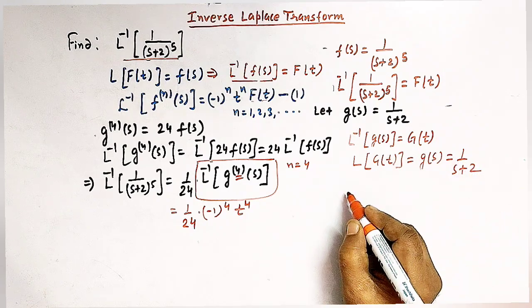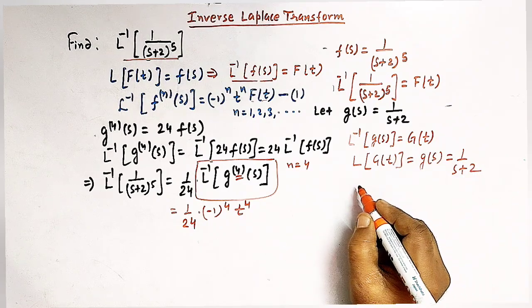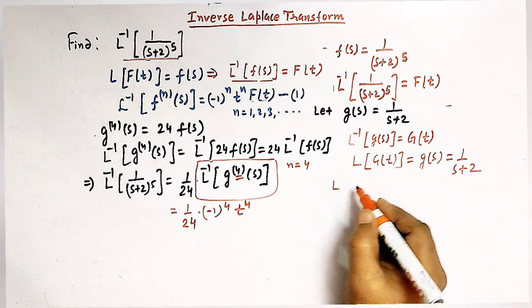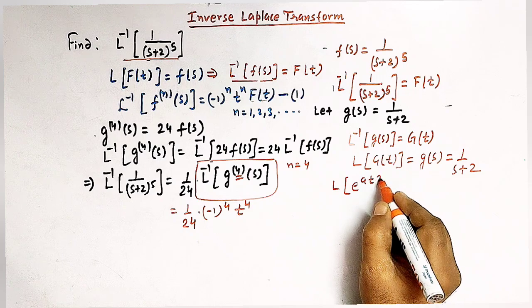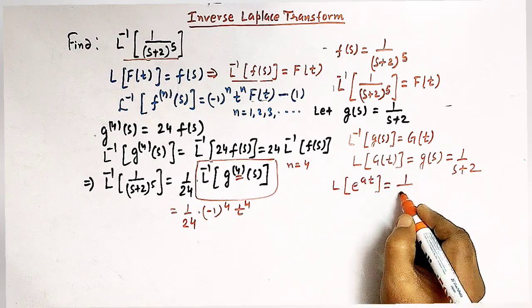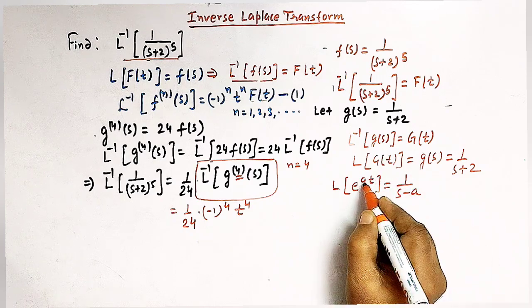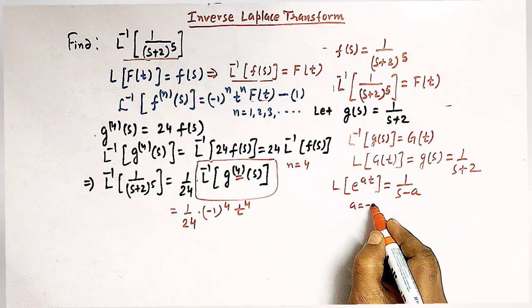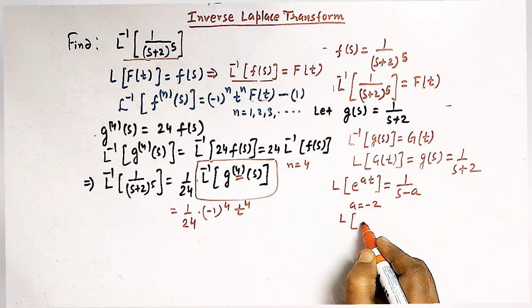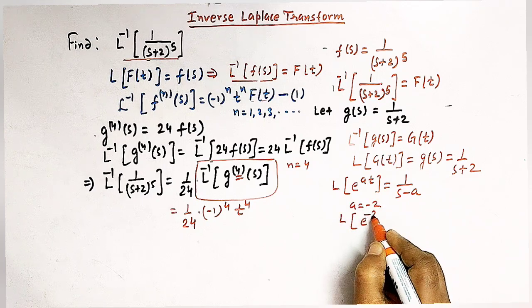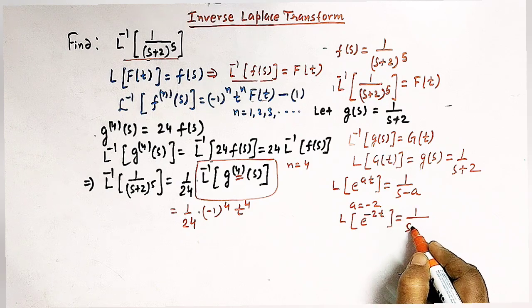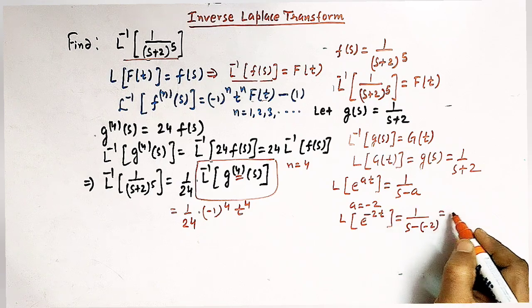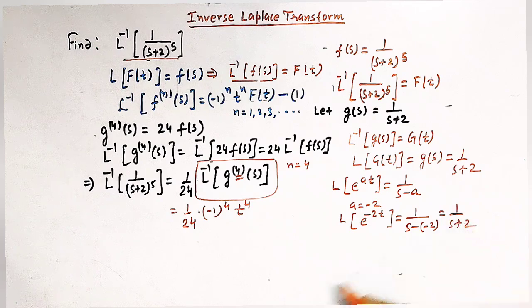Now from the Laplace transform of some standard functions, we know that the Laplace transform of e raised to at is given by 1 over s minus a. So if we take a equal to minus 2, then the Laplace transform of e raised to minus 2t is given by 1 over s minus (minus 2), that is 1 over s plus 2, right?